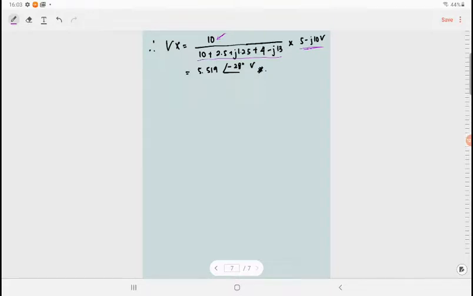When we say simplify, that means either all the circuit becomes parallel, or all the circuit becomes series, or it can be a combination of parallel and series, as long as the circuit is being simplified.